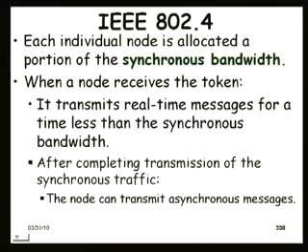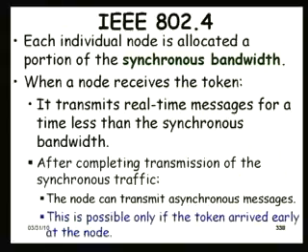So, after completing transmission of the synchronous traffic, the node starts to transmit the asynchronous messages, and it can get the token early. See, even if there is only synchronous traffic with it, only CBR traffic and no high priority aperiodic traffic, then how will it transmit the asynchronous messages?